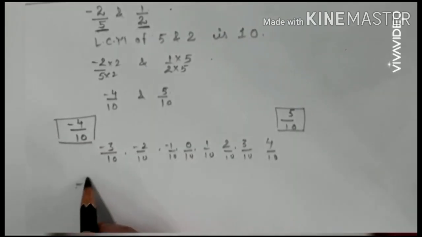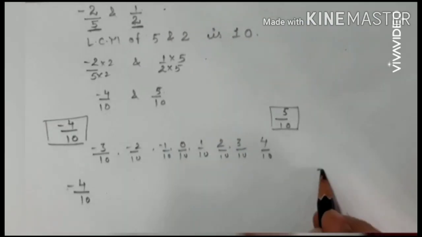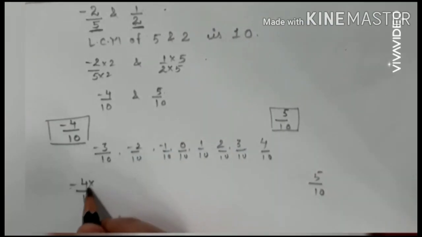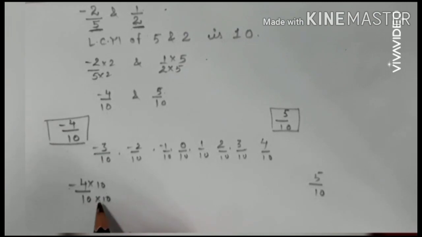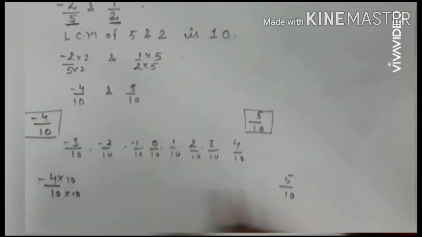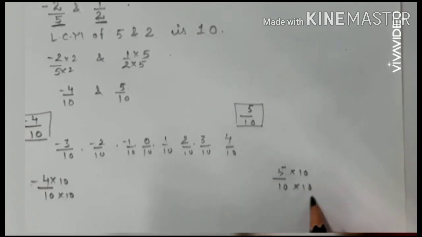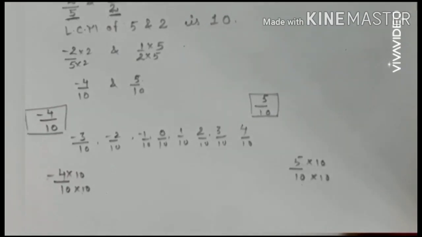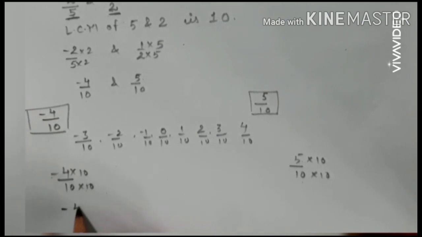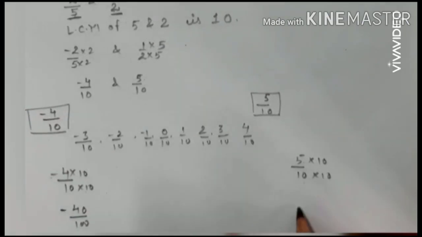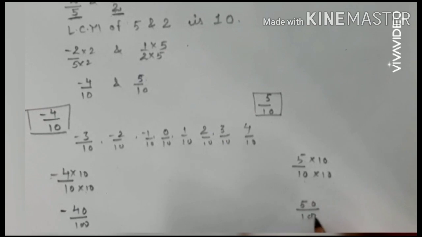So now we have -4 upon 10 and 5 upon 10. You multiply both the numerator and the denominator by 10. So it becomes -40 upon 100 and 50 upon 100.